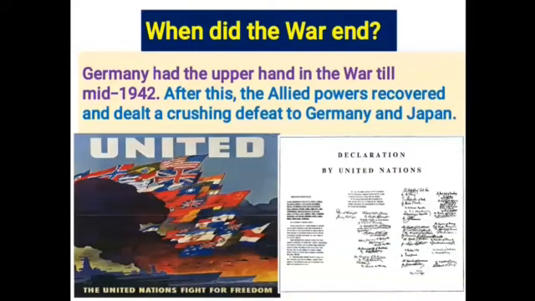Actually, in mid-1942, there was a declaration by the United Nations, and many countries together fought against Germany and Japan, and due to this, Germany lost at the end of the war.